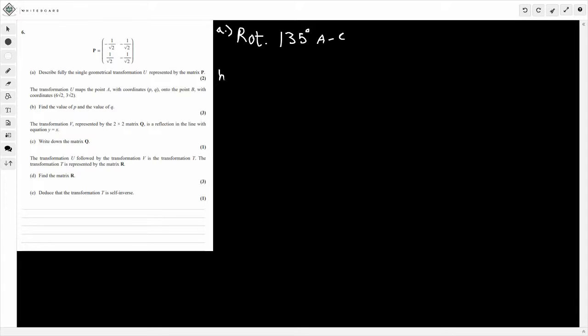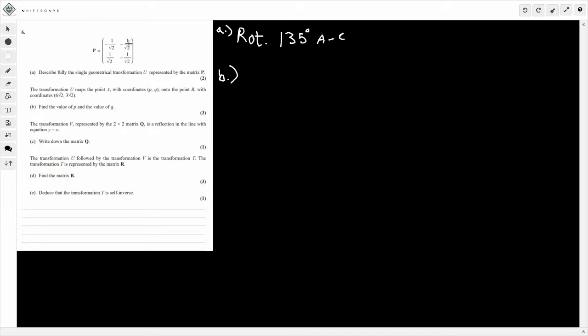Part B, it tells you that the transformation U maps the point A with these coordinates P, Q onto the point B with these coordinates. And we're asked to find the values of P and Q. There's a couple of ways you can do this. I think the easiest way is to think about taking the inverse of this.